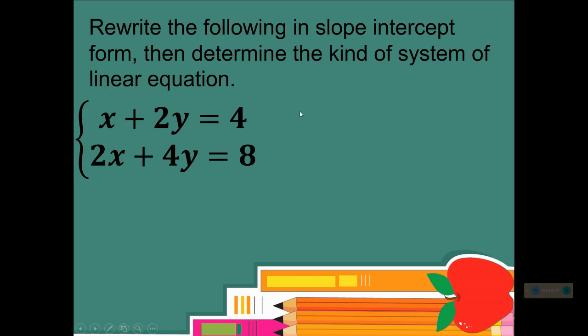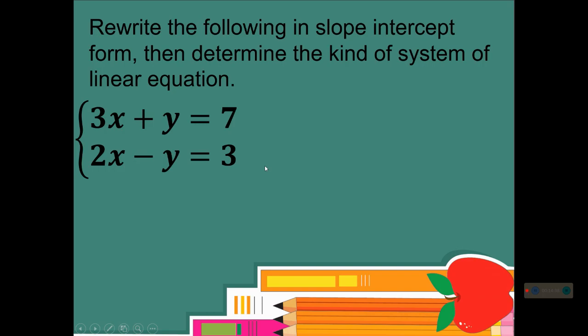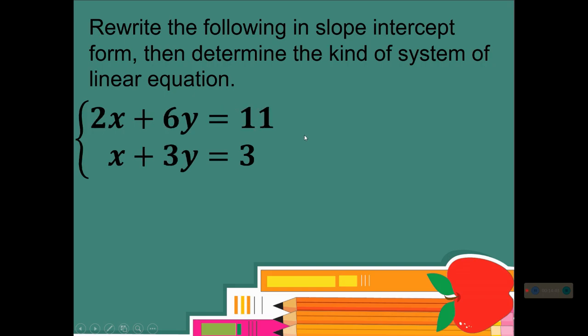The first set is x plus 2y equals 4 and 2x plus 4y equals 8. The second set is 3x plus y equals 7 and 2x minus y equals 30. And the last is 2x plus 6y equals 11 and x plus 3y equals 3.